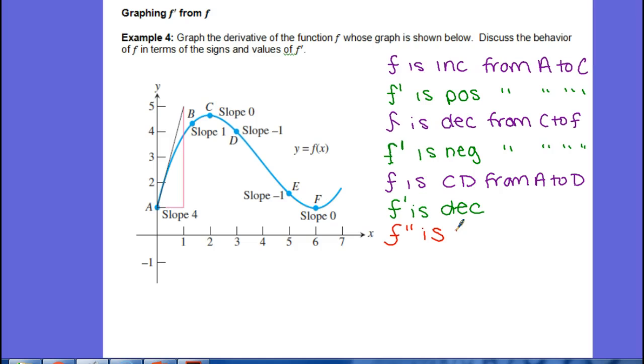If f prime is decreasing, f double prime is negative. That means D is probably what? D is what we call a POI. It is a point of inflection.